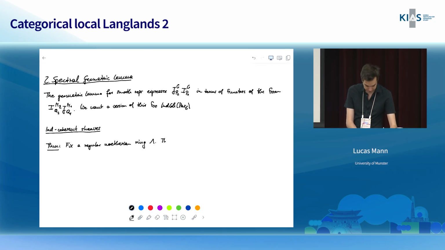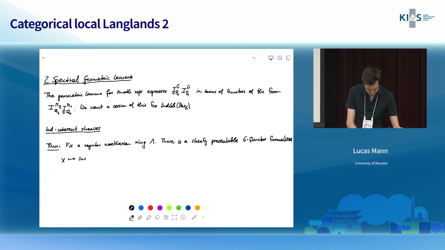And then there is a sheafy presentable six functor formalism, X goes to IndCoh X, on the category, which I will call Stacks lambda LAFP.